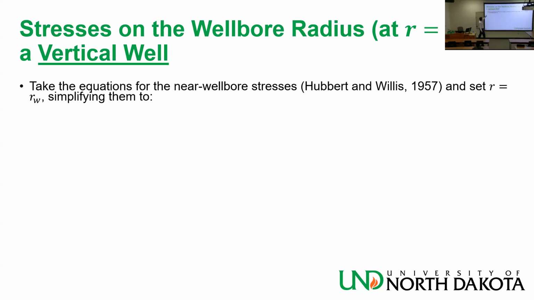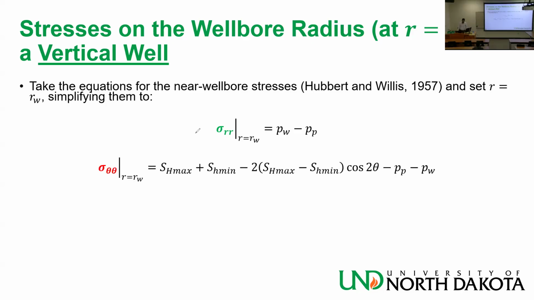What this will do, it will tell us the values of those stresses on the wellbore radius. So on the walls of the well, okay? And that will simplify them. Sigma RR would become basically just PW minus PP. Sigma theta theta becomes this. And sigma ZZ becomes this. Sigma RW.